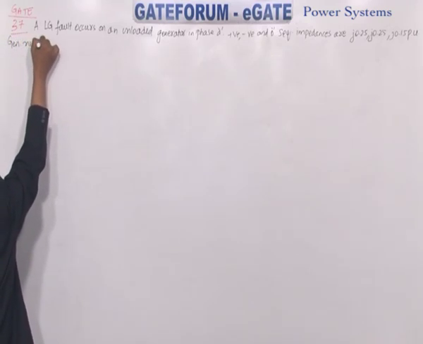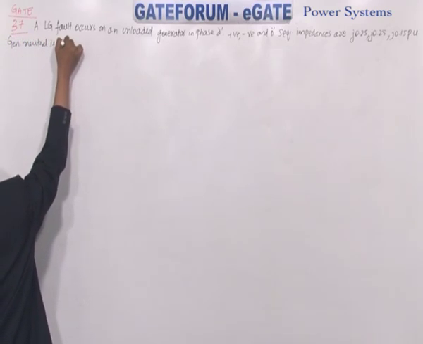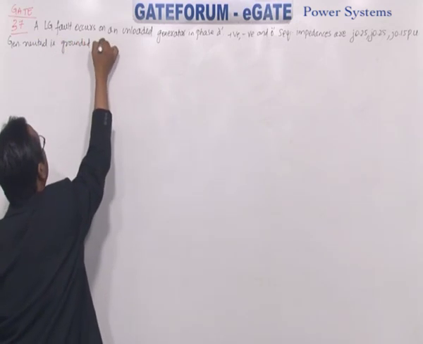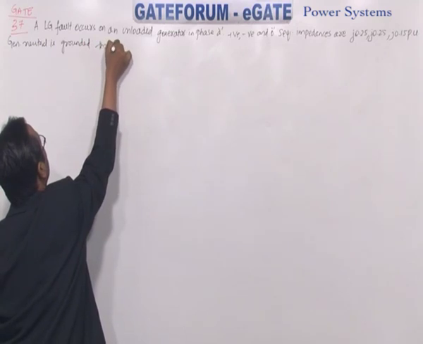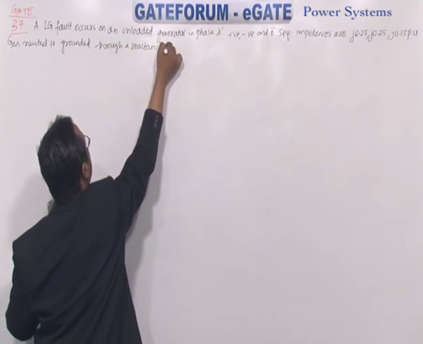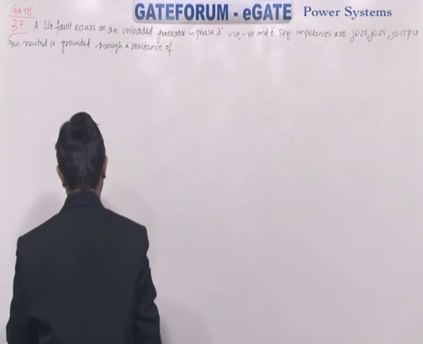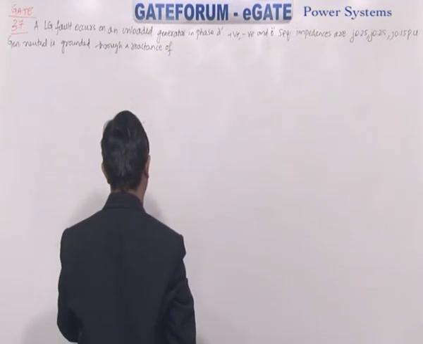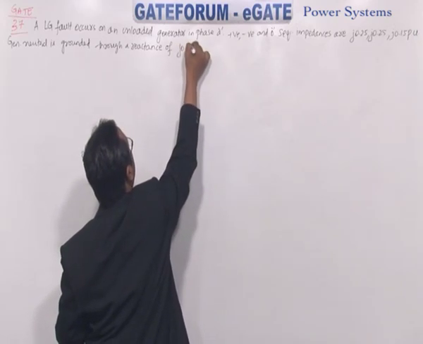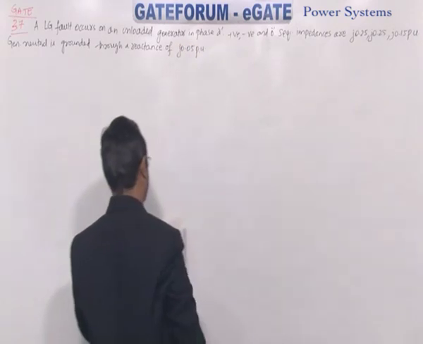The generator neutral is grounded through a reactance of j0.05 per unit.